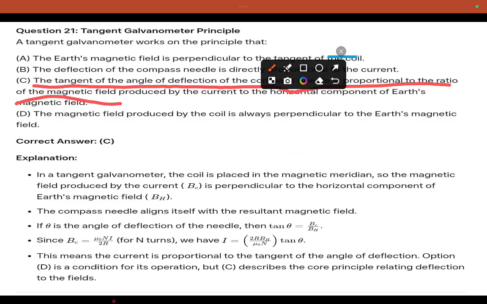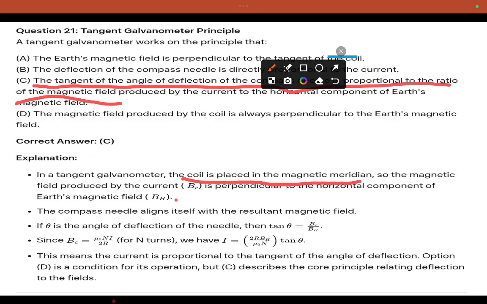In a tangent galvanometer, the coil is placed in the magnetic meridian, so the magnetic field produced by the current is perpendicular to the horizontal component of Earth's magnetic field BH. The compass needle aligns itself with the resultant magnetic field.